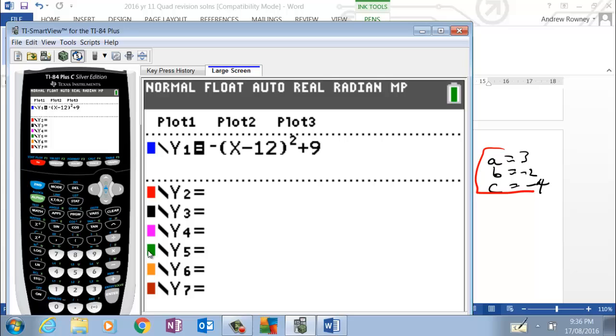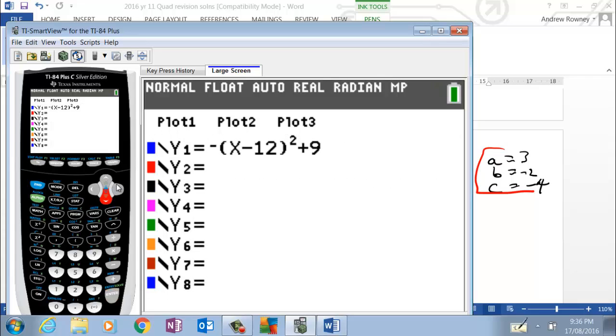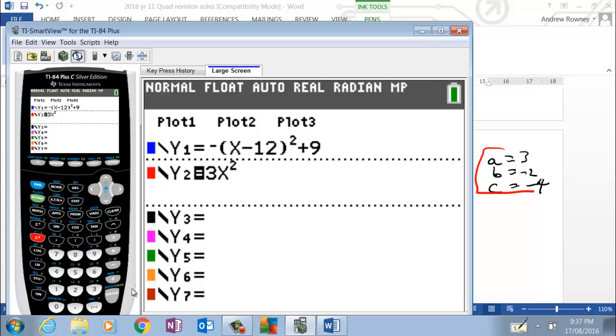So you put here 3x squared, take 2x, take 4, and we do zoom fit.